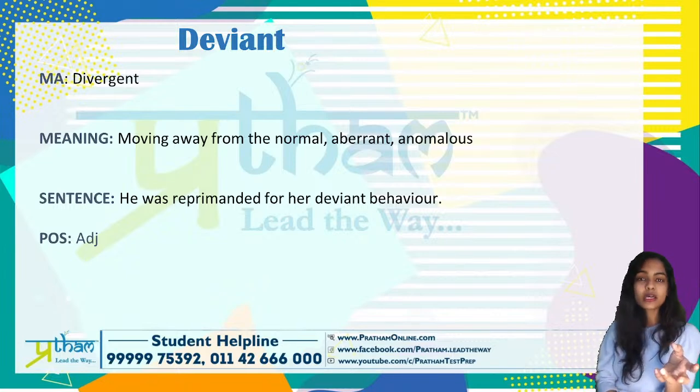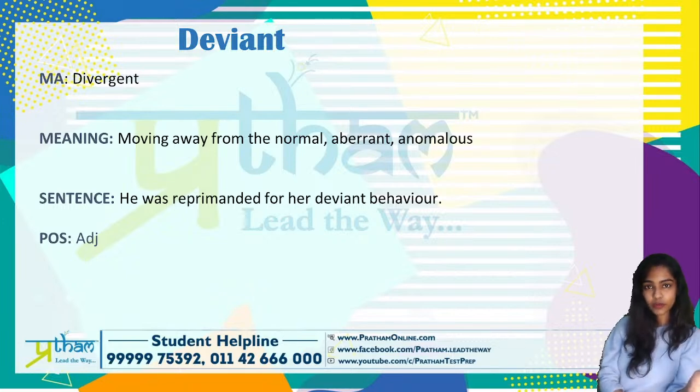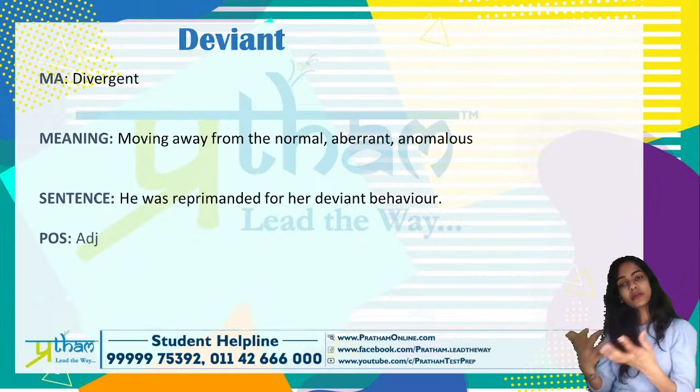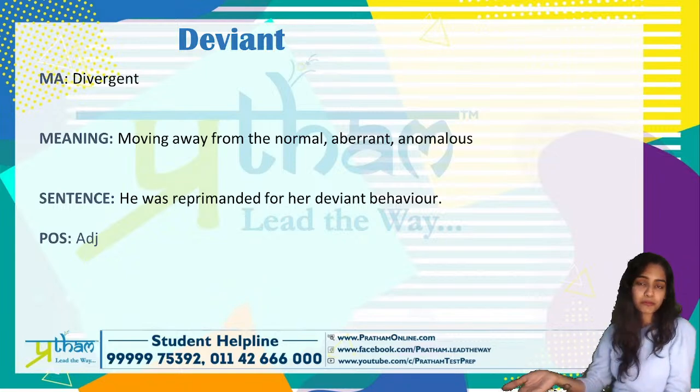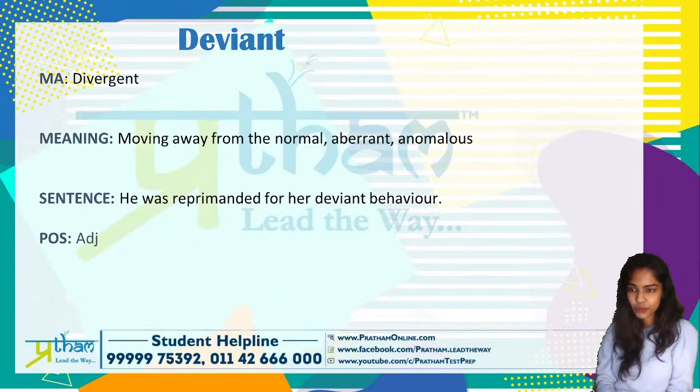Aberrant and anomalous are synonyms. Aberrant again is something that is not normal, is slightly erroneous. Normal straight चीज से again moving away from a correct path, moving away from the straight path, उसको हम aberrant बोलेंगे. And for anomalous, anomalous comes from a plus normal. So something that is not normal is anomalous. So deviant को हम, we can relate it with all of these words, moving away from the normal, deviation, divergent, aberrant and anomalous, all of these.